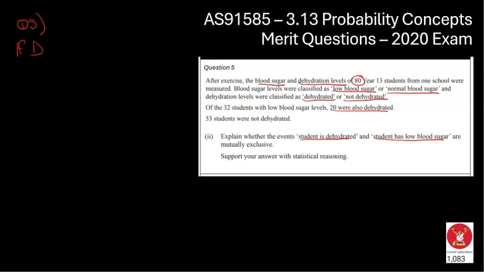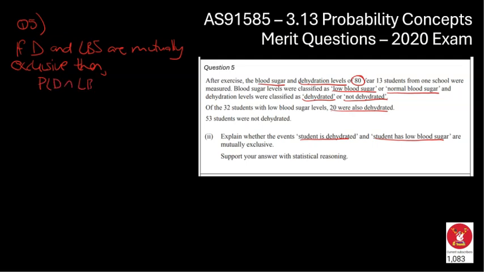So if D, standing for dehydrated, and low blood sugar, which we'll call LBS, are mutually exclusive, then, and this is where it's going to get a bit mathy, the probability of dehydrated and low blood sugar must be equal to 0, because if they're mutually exclusive, they shouldn't be able to happen at the exact same time.